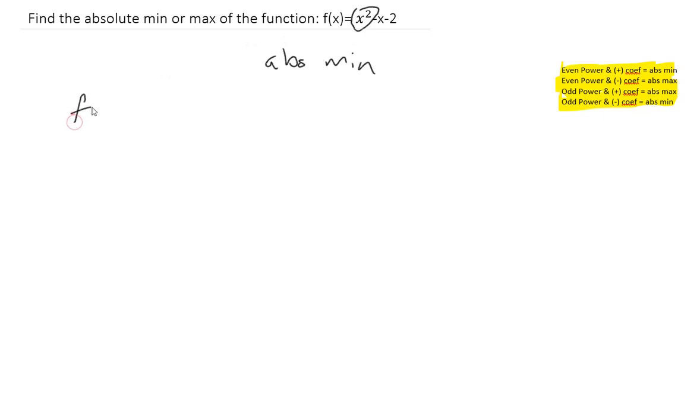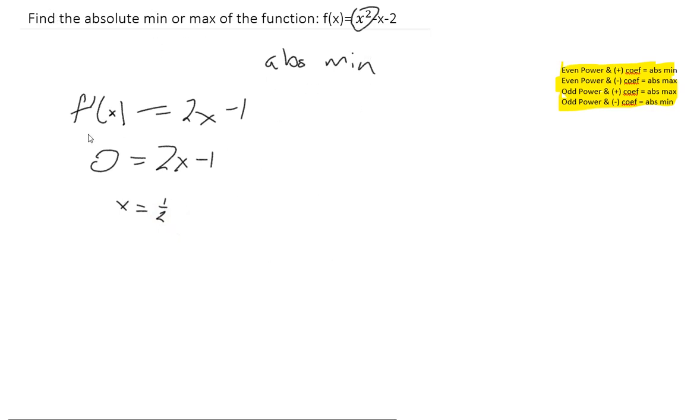Let's go ahead and take the derivative of our function. We're going to get 2x minus 1. Set it to 0. We're going to get x equals 1/2. So that means there's an absolute minimum at x equals 1/2.